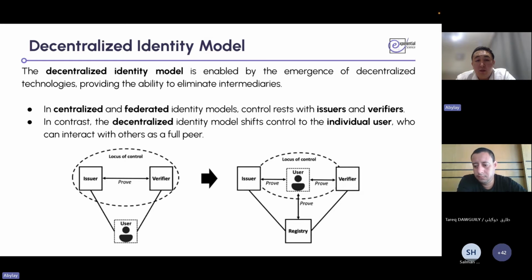But in the decentralized identity model, control shifts to the individual user, who can interact with others as a full peer. The issuers and verifiers don't have to have direct interaction. They can just rely on the verifiable data registry, as you can see.